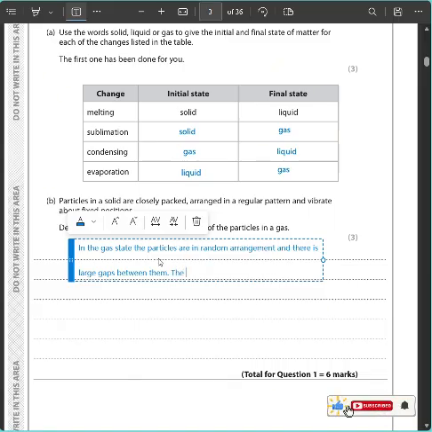They move randomly and move very quickly because of high speed.